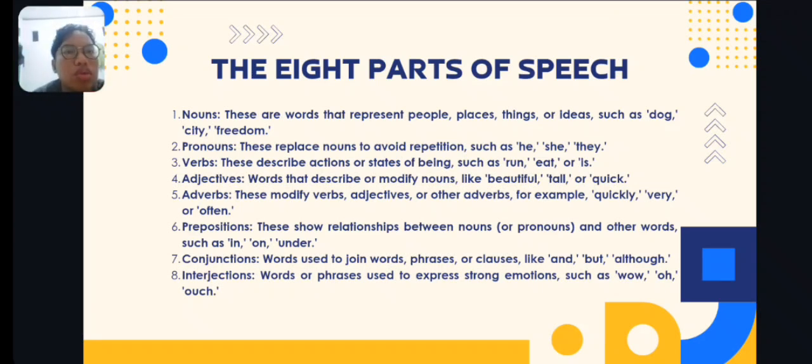Words used to join words, phrases, or clauses, like and, but, although. The last is interjection. Words or phrases used to express strong emotions, such as whoa, ah, ouch.